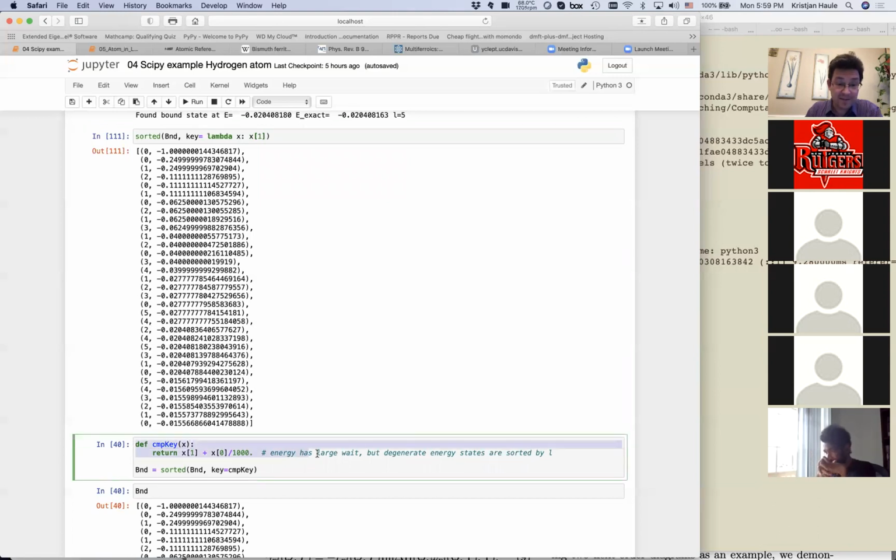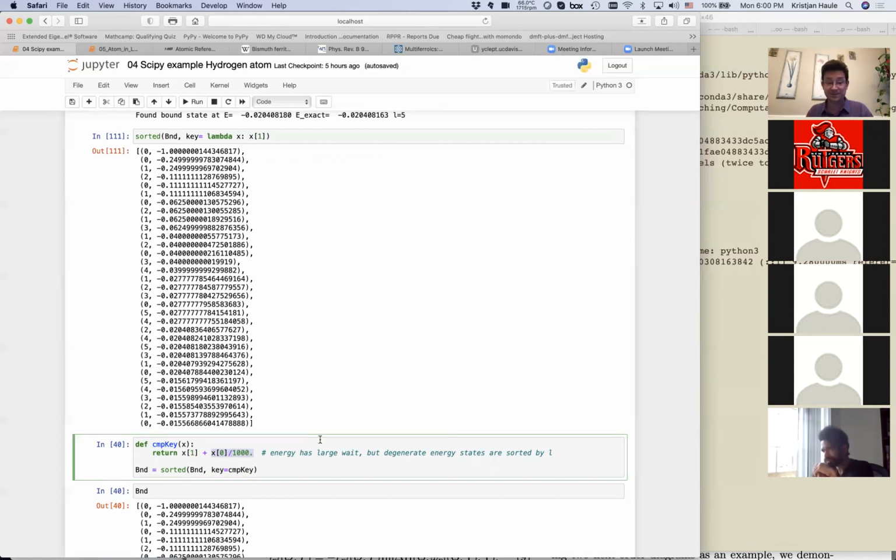So if we take energy first, x of 1, and then we add the L quantum number, L is 0, L is 1, L is 2, but we divide this L with roughly the precision with which we know the energy, then the sorting will be correct.